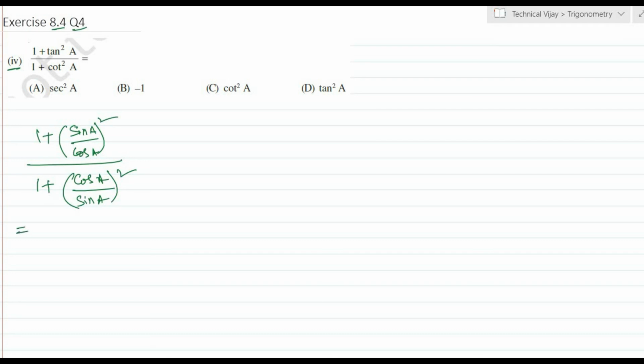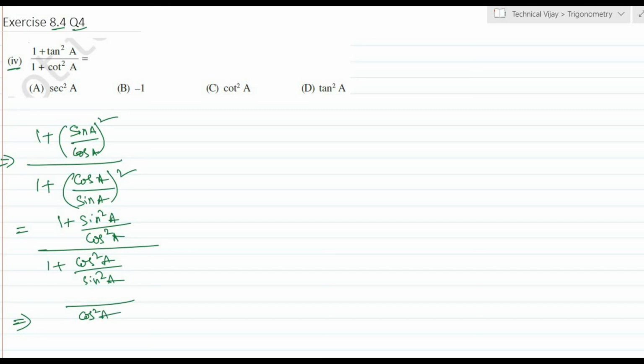So here 1 plus sin square A divided by cos square A, and also 1 plus cos square A divided by sin square A. So the LCM in the numerator will be cos square A: cos square A plus sin square A, and the LCM in the denominator will be sin square A: sin square A plus cos square A.